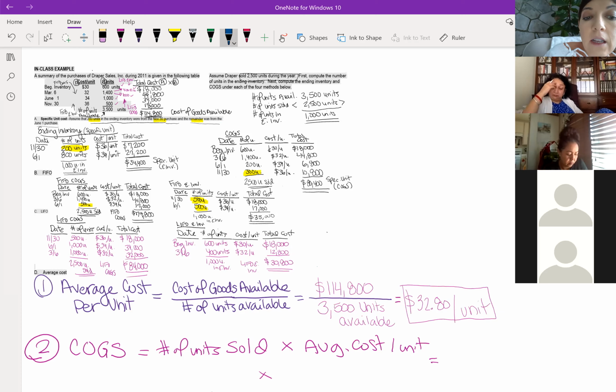In this case, how many units were sold? 2,500. And if you look at every single method that we just did, we always had the same number of units sold. And our average cost was $32.80 per unit.